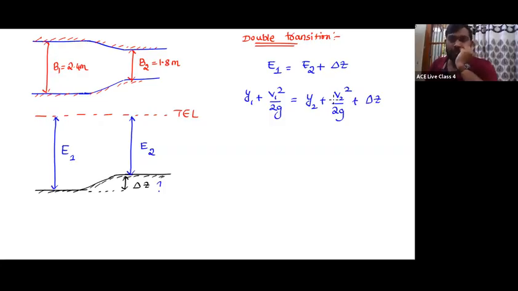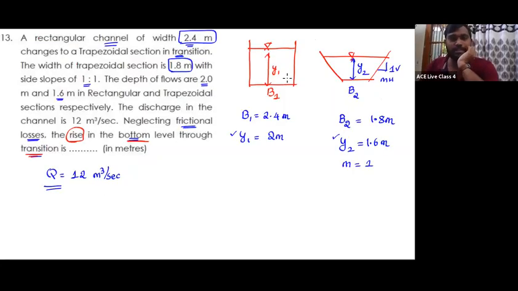That's it. Now let's go back to the channel geometries here. This is section 1 and this is section 2. Velocity 1, velocity 2. I know the discharge. Can't I find out the velocity? Please find out the velocities and let me know. So what is the area over here? 2.4 into 2, which is 4.8 square meters, A1.